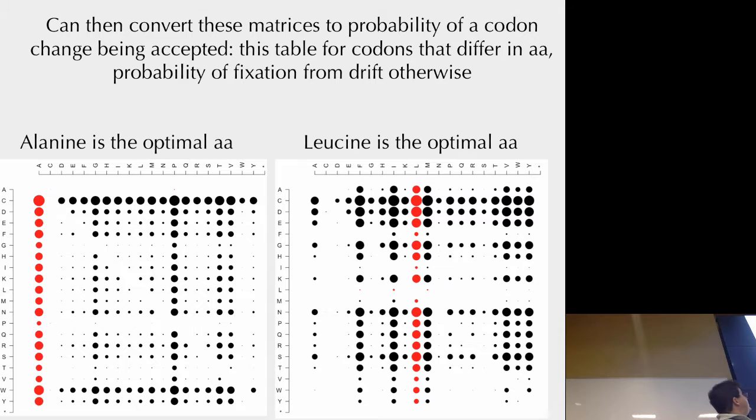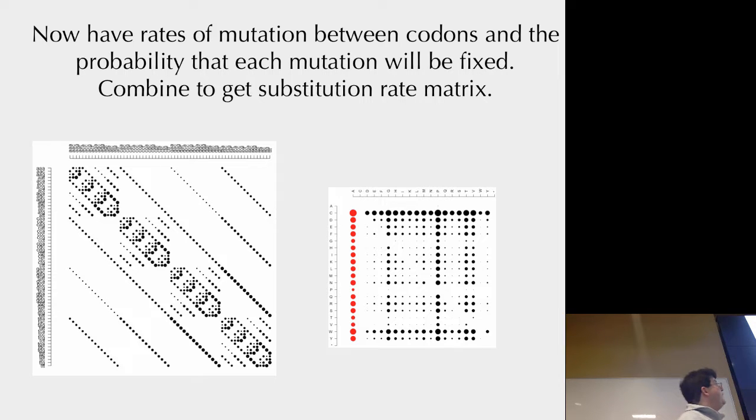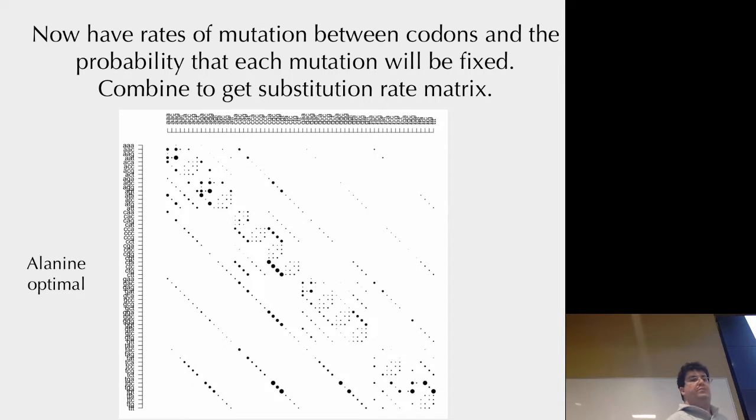If I know that proline is represented by CCA, CCG, CCC, I can figure out the rate of going from any of those to another codon that codes for a different amino acid. So I can go back to this codon fixation probability matrix too. Now I have my rate of mutations between codons and my probability of accepting them when they are mutated. Multiply them together, boom, you get a substitution rate matrix.